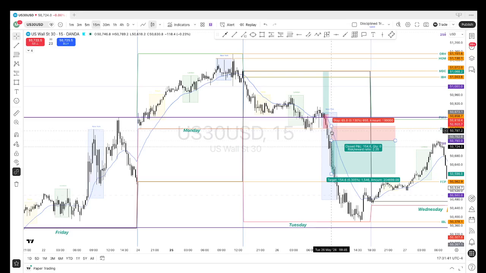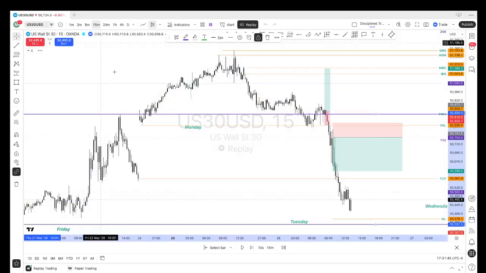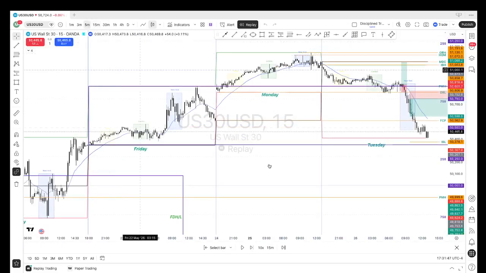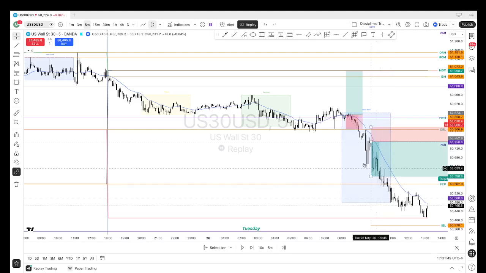Breakout, pullback, lower time frame. Breakout, pullback, another pullback. So we had our pullback to the bank level, Monday low. Breakout again, pull back to the quarter level, 50,750.